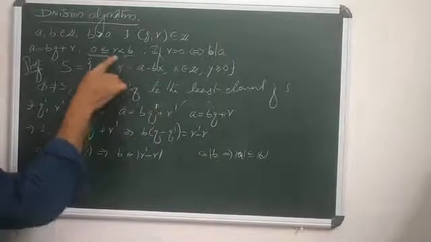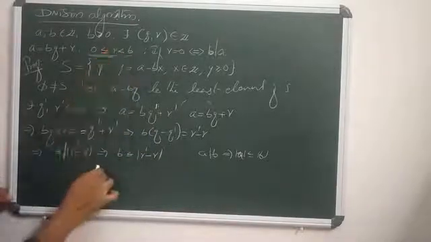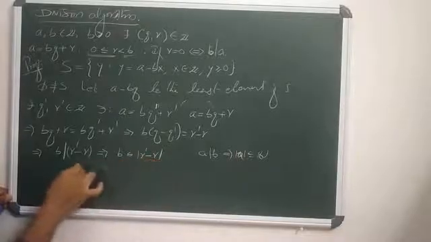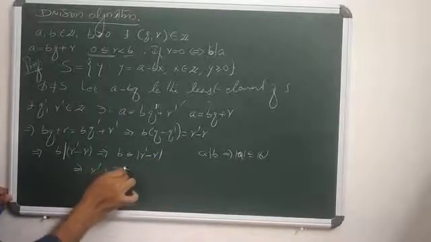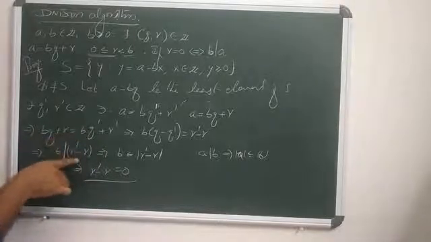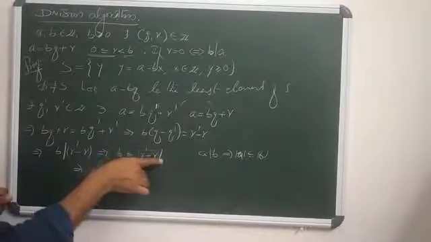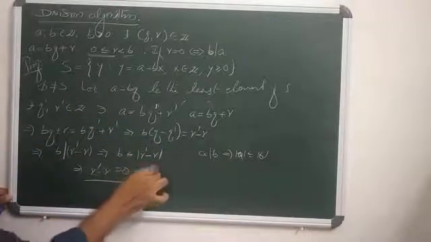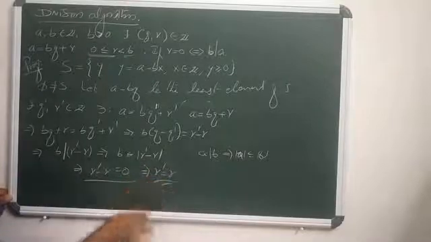Why? Because r < b. So this is a contradiction. So this is not possible. That means r' - r = 0. If r' - r differs from 0, then b ≤ |r' - r|, which is impossible. Thus r' - r = 0 means r' = r.